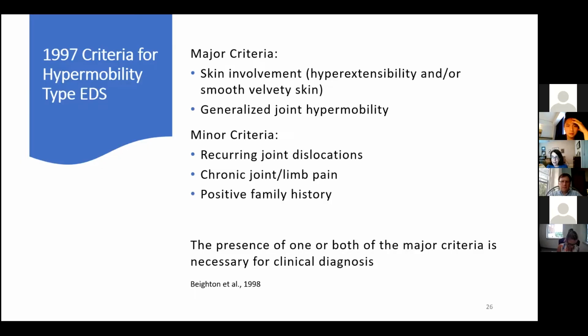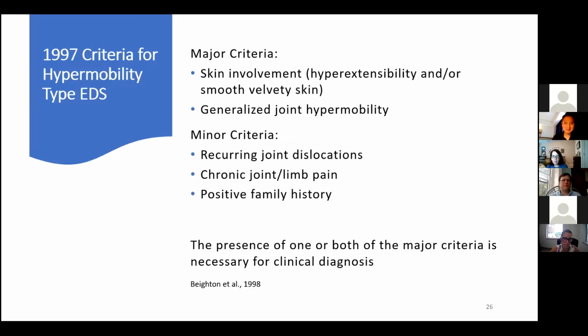So this was not a very specific set of diagnostic criteria. A person with generalized joint hypermobility alone could be diagnosed with the hypermobility type of EDS under these criteria. And actually, a person just with smooth velvety skin could be diagnosed with the hypermobility type. So it was too wide a net.